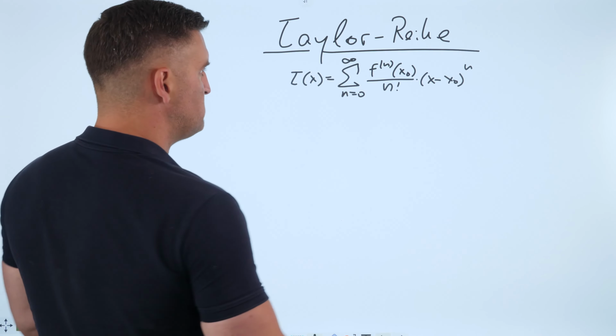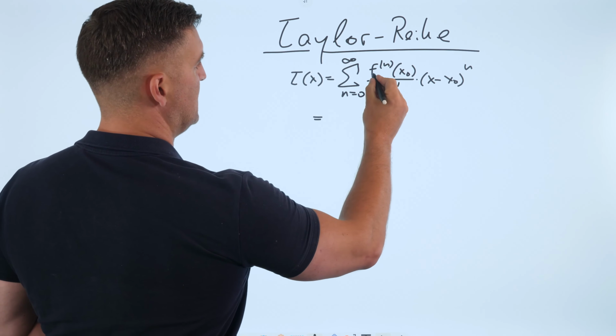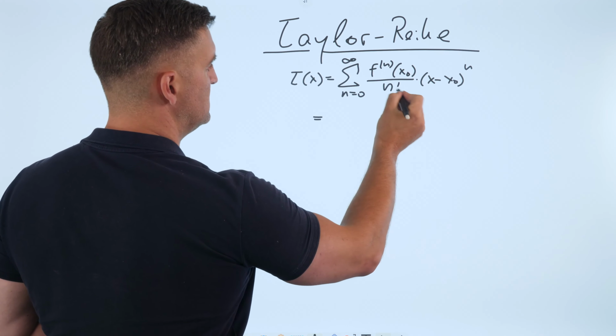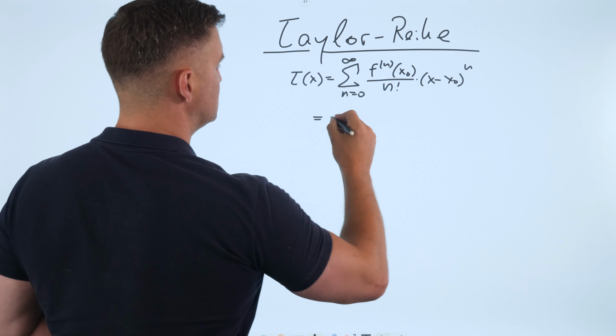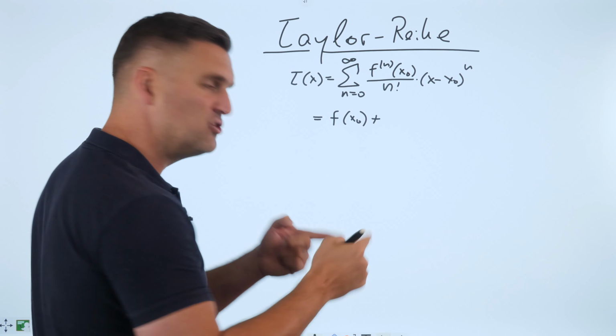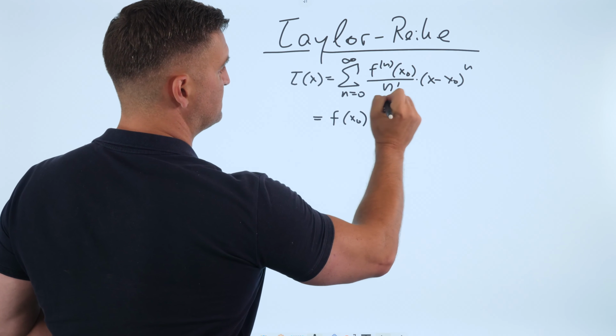You have to understand the sum. You start at n equals 0, so that gives you the term for n equals 0. For n equals 0, you get f of x naught. 0 factorial and anything to the 0 power are 1, so it remains f of x naught. Plus, then you substitute 1, so f prime of x naught, 1 factorial is 1.